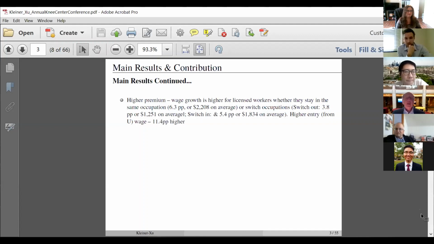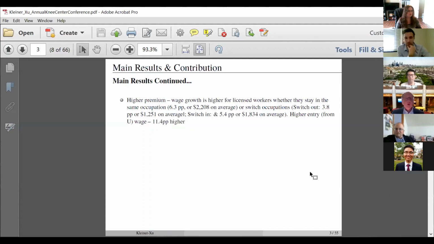People who switch into a licensed occupation from another job gain more, about $1,800. And there's higher entry from people who are unemployed; their wage gains are about 11.4 percentage points higher.